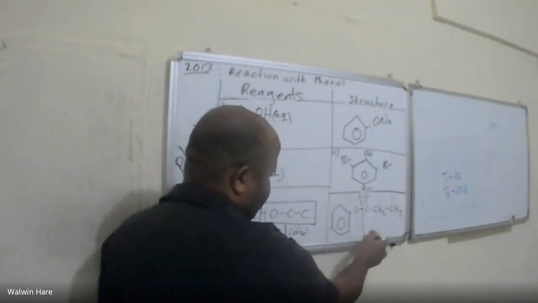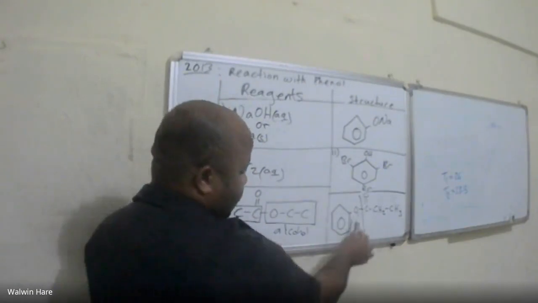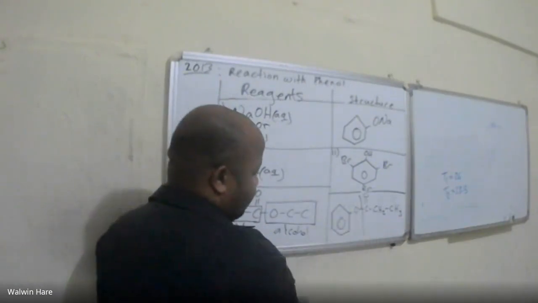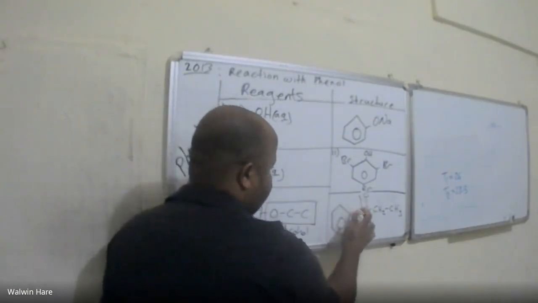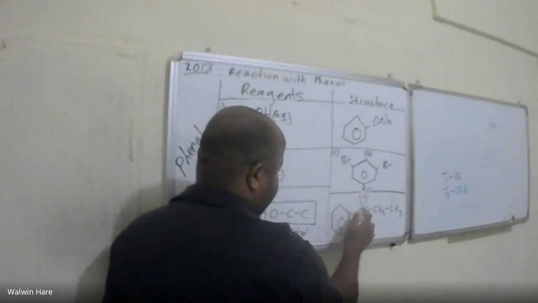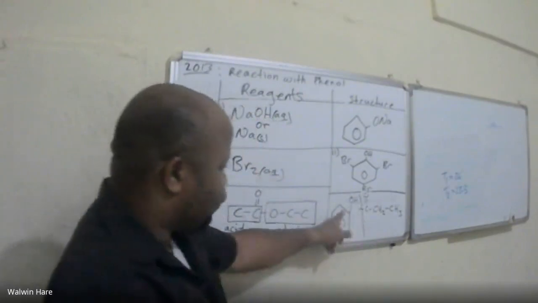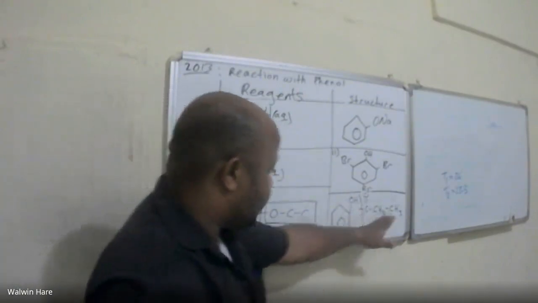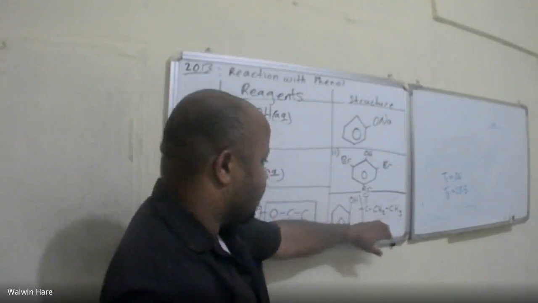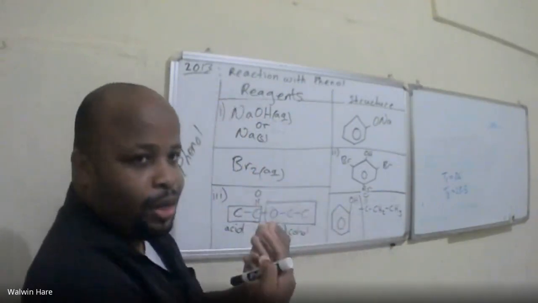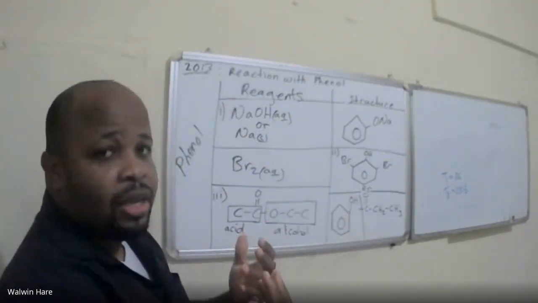So we will cut it right there. That means this part is the phenol, with the OH group. And on this side would have been the carboxylic acid, which, when they combined, would give you the ester.